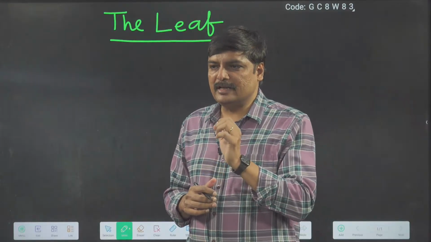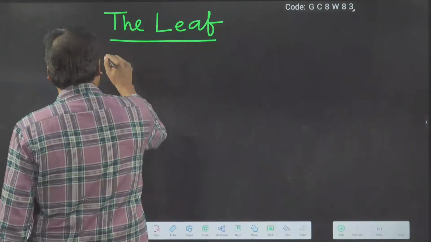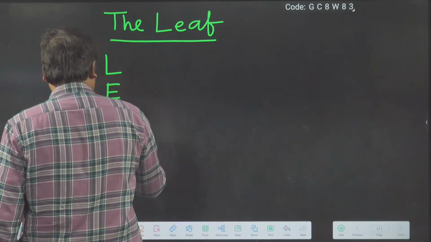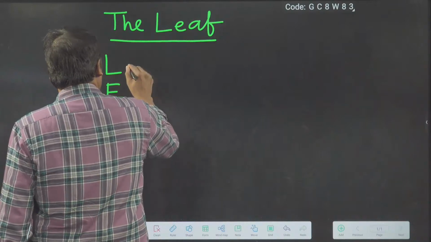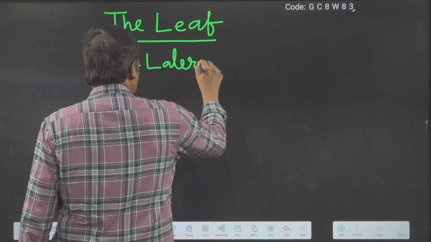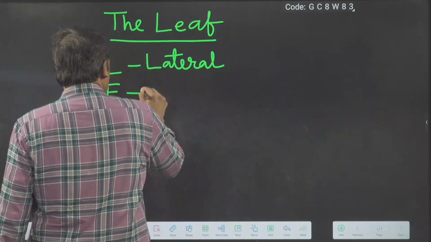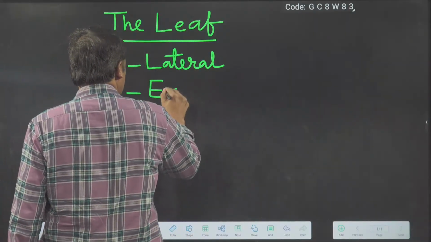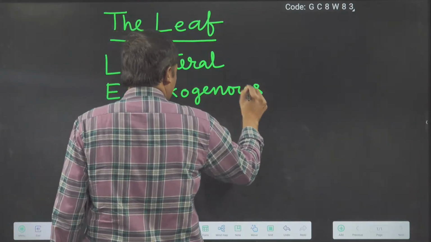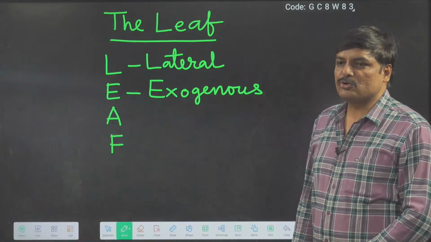You can easily remember like this: leaf, L-E-A-F. L for lateral. These are lateral organs. These are exogenous. They are epidermal in origin.